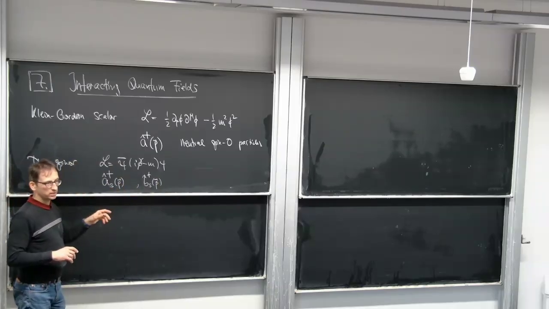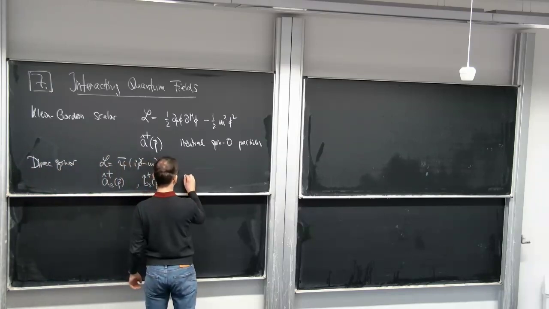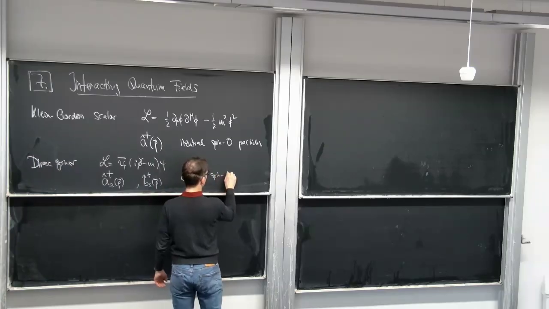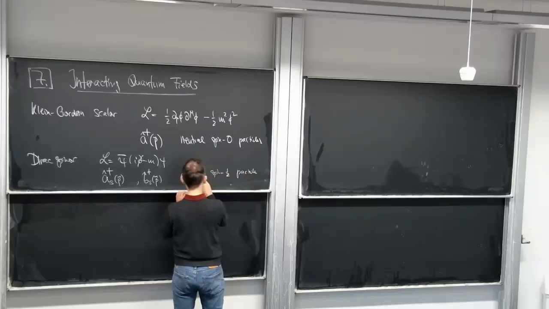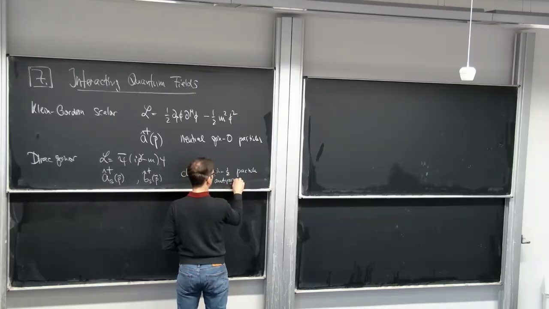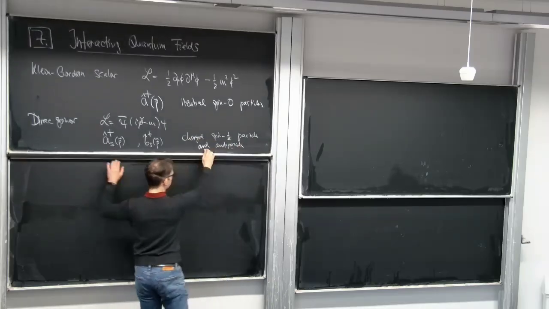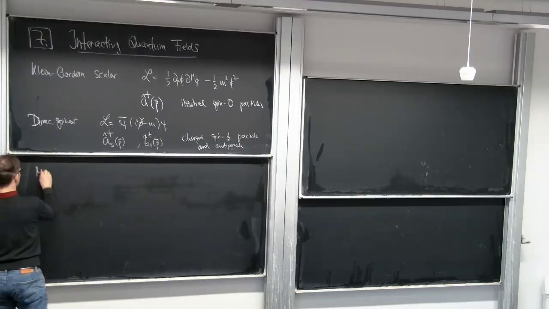And this S takes 2 values. This is the spin, you decide which direction, up and down or left and right. So we have charged, spin 1/2 particle and antiparticle. So that's what we have from the Dirac theory.